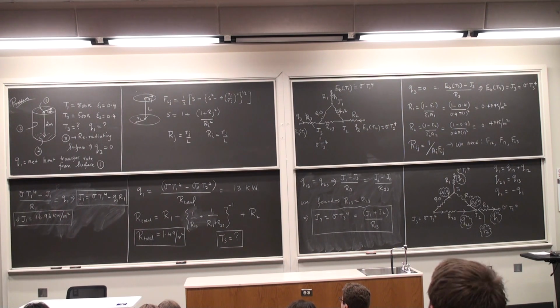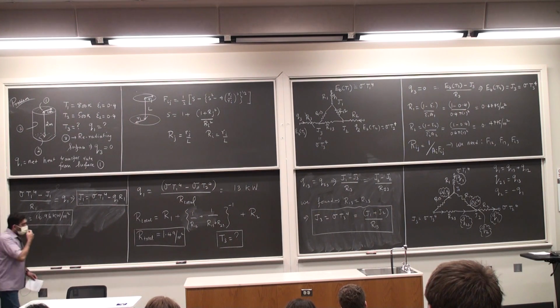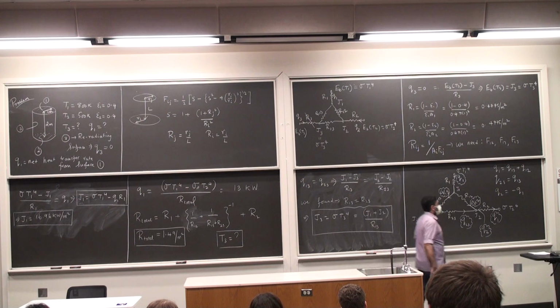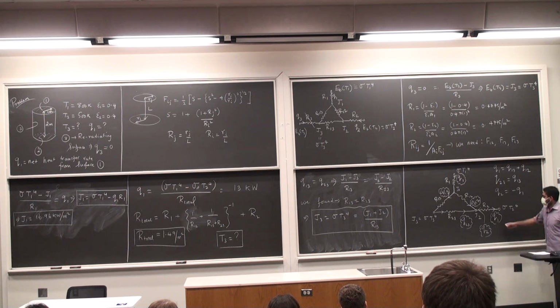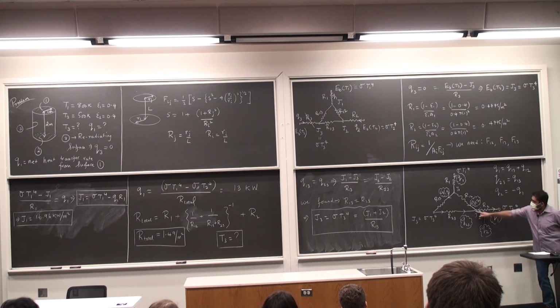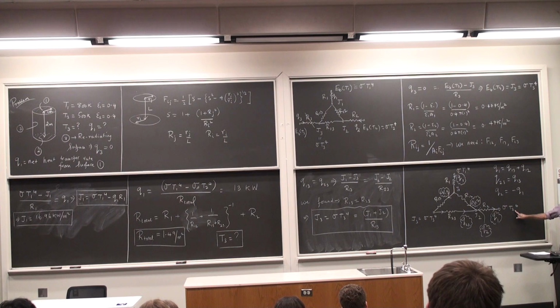Make sense to everybody? J2. Be careful. If you look at where J2 is sitting, the current is flowing from J2 to sigma T2 to the power 4.